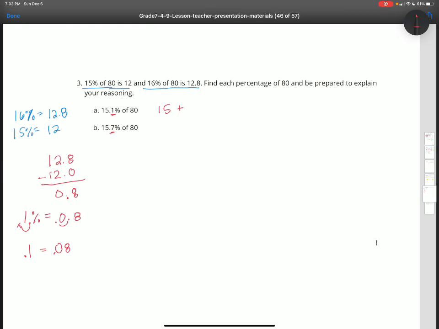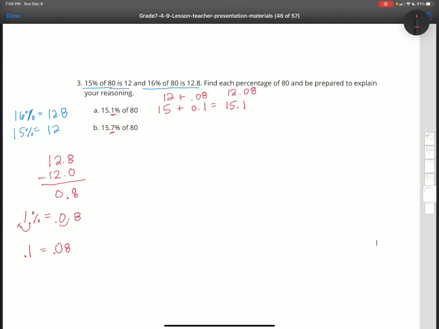15 plus 0.1 will equal 15.1. Okay, so we should know that 15% is 12 plus, and that 0.1% is 0.08, which means that 15.1 will be 12.08. Okay, or 12 and 8 hundredths. I apologize for that.